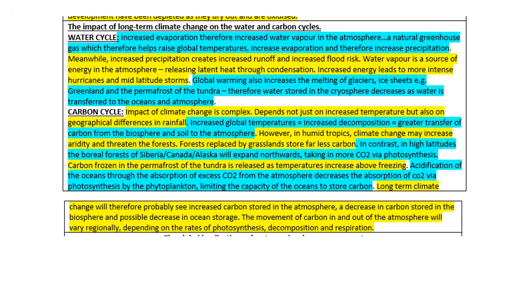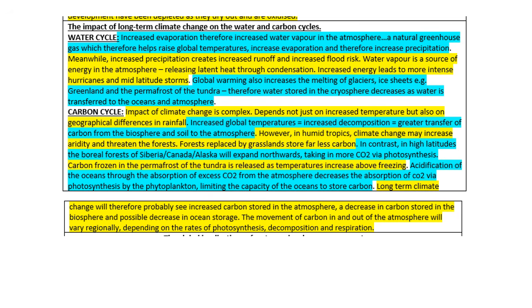Water vapour is also a source of energy in the atmosphere, which will lead to more intense hurricanes and mid-latitude storms. Global warming will also melt the glaciers and the ice sheets like Greenland and the permafrost and the tundra, so there'll be far less water stored in the cryosphere and more water transferred to the oceans and the atmosphere.